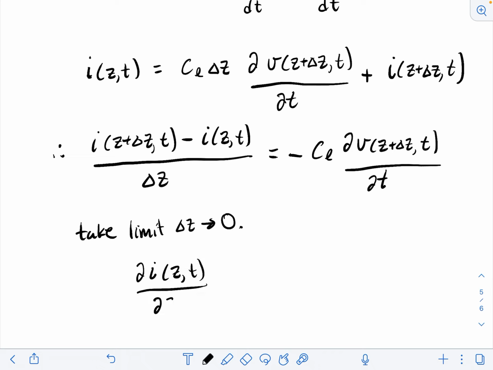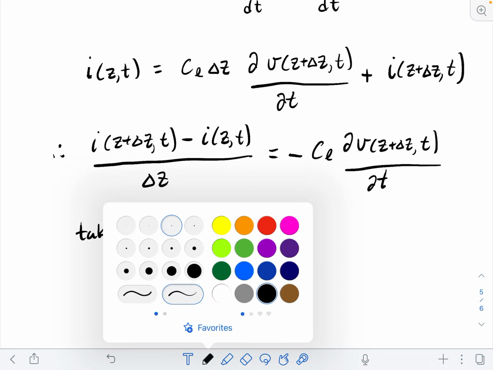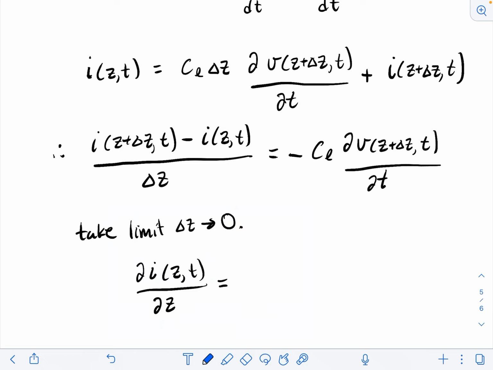And then we take the limit that delta z goes to 0, then this is just going to go to 0. So then we have remaining just minus the capacitance per unit length times dV/dt. Okay, good. And so this is equation 2.